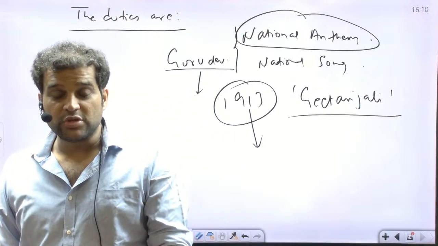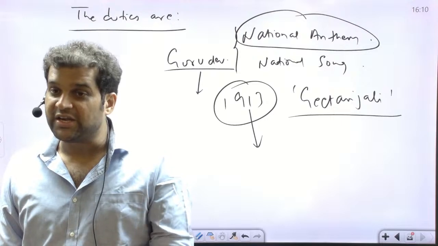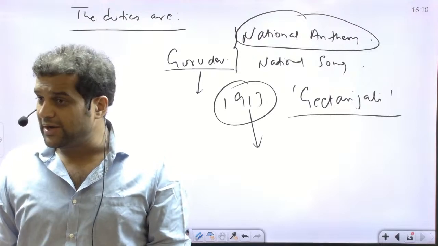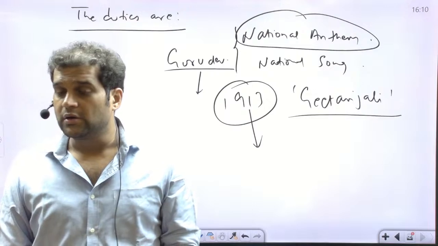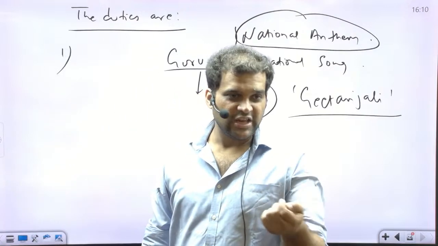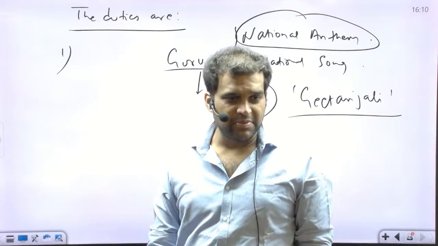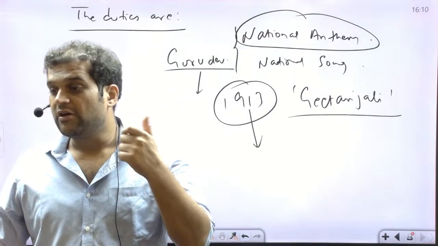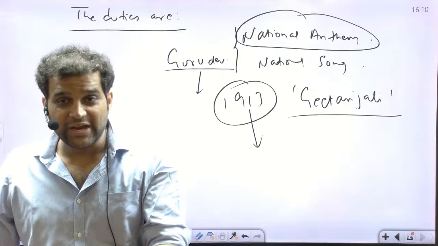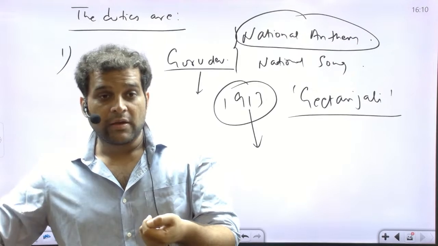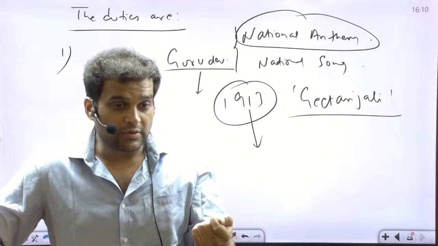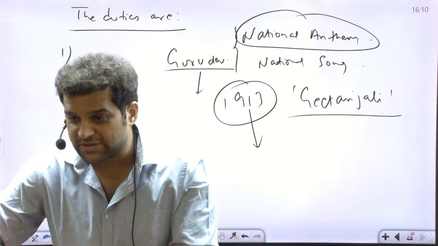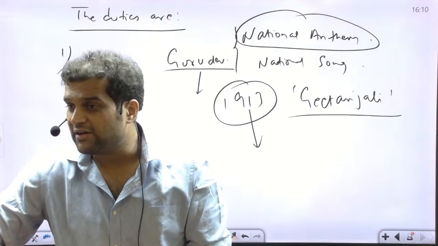In response to the Jallianwala Bagh tragedy in 1919. The tragedy happened in April 1919, and the British government formed a committee to investigate, and that committee did not even condemn the person responsible.